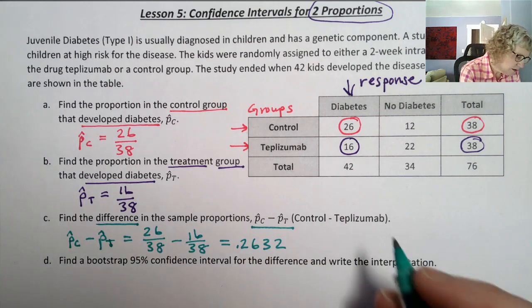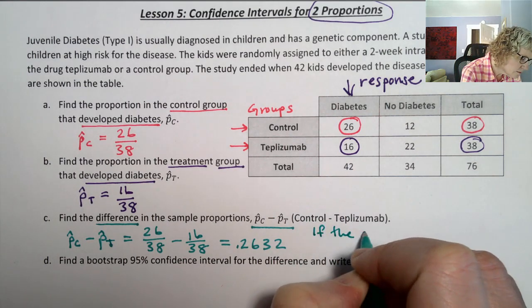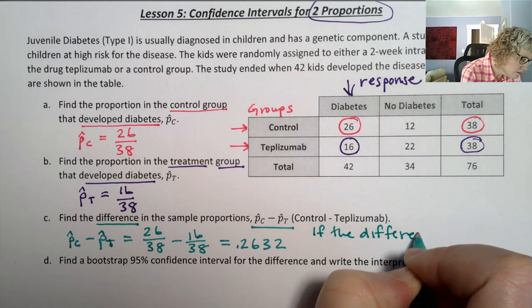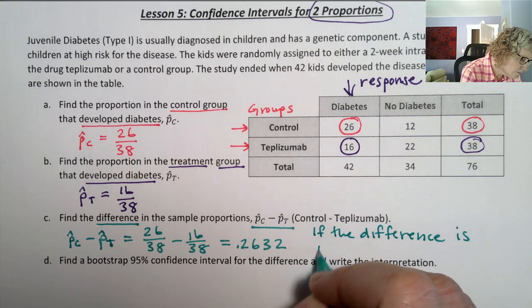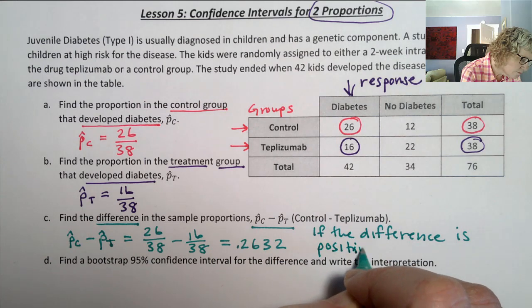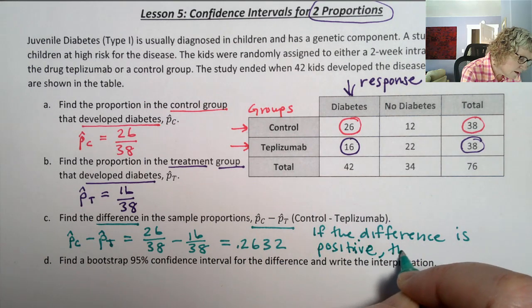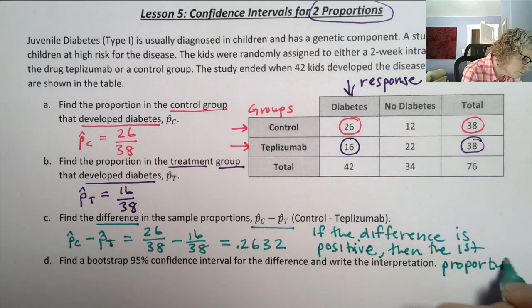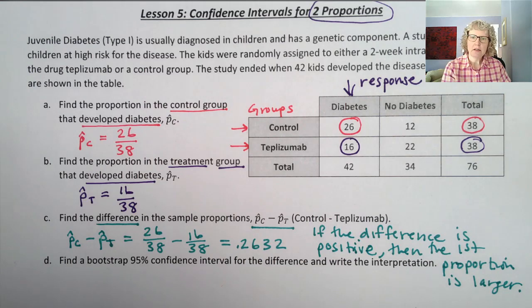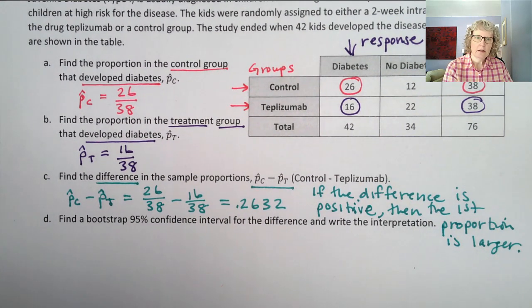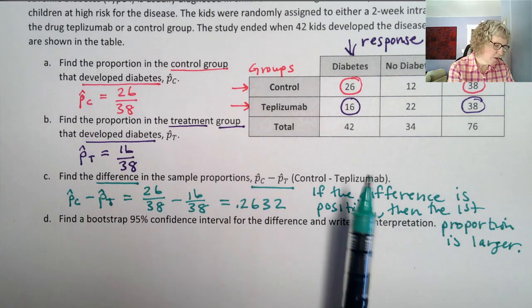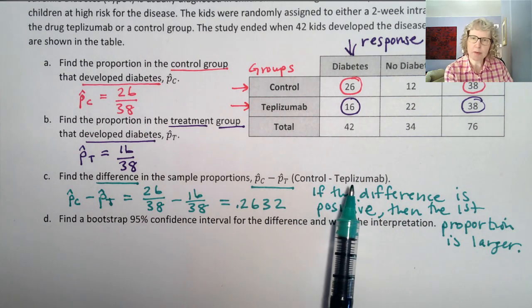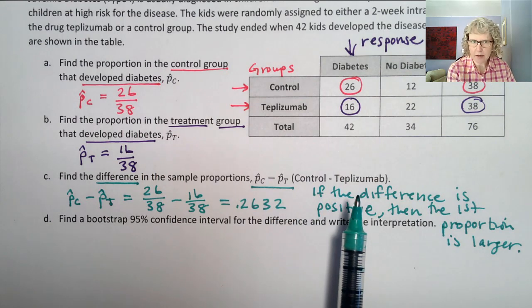So if the difference is positive, then the first proportion is larger. If we get a negative difference, then the second one is larger. If you subtract something bigger from something smaller, like if you spend more money than you have, you go in the negative, right?